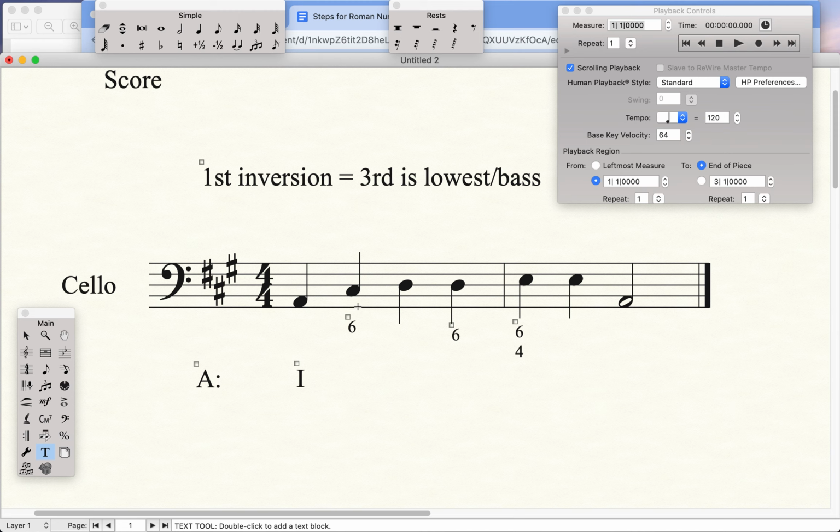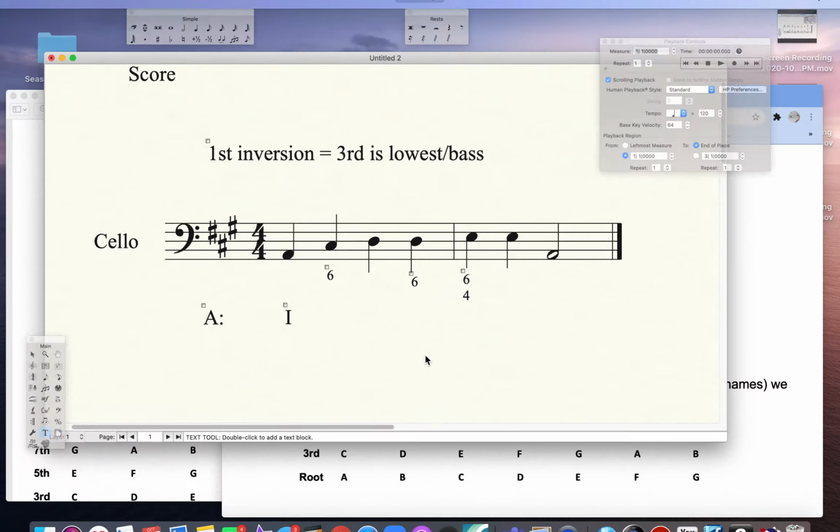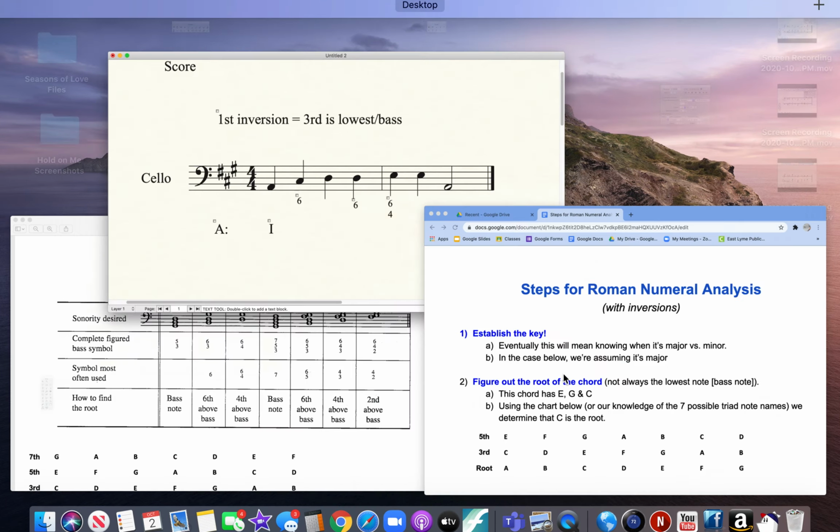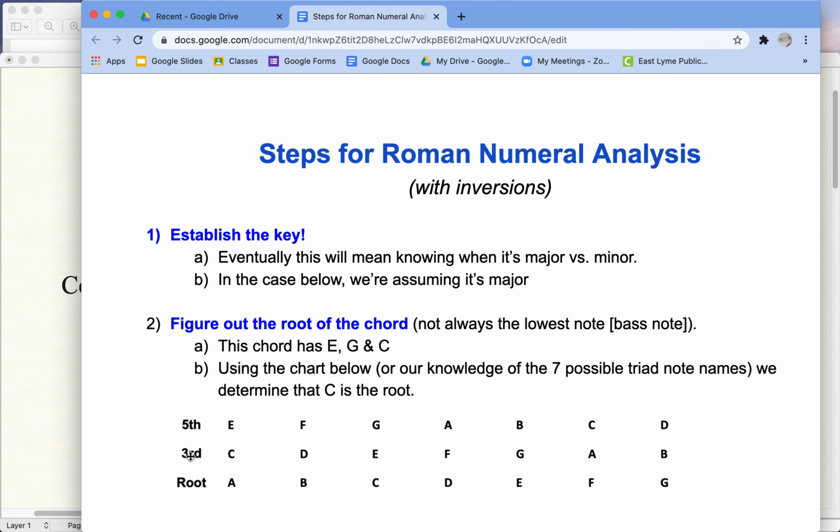So if this is the third of the chord, what must the root be? In what kind of chord is the C sharp the third of the chord? Well, this must be an A chord.